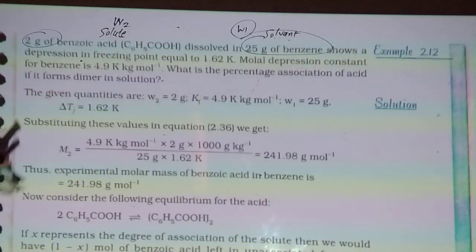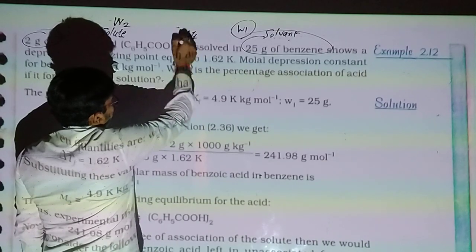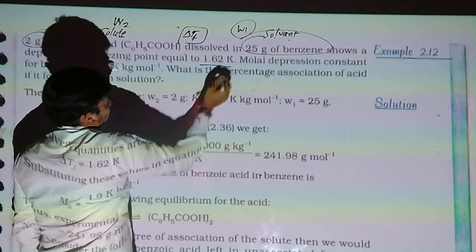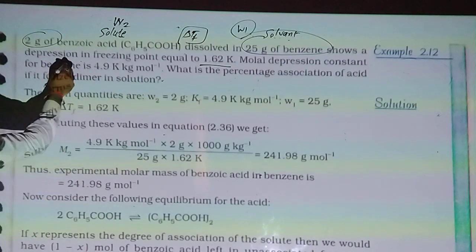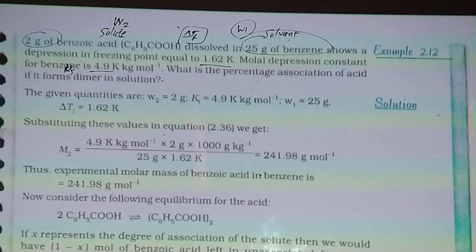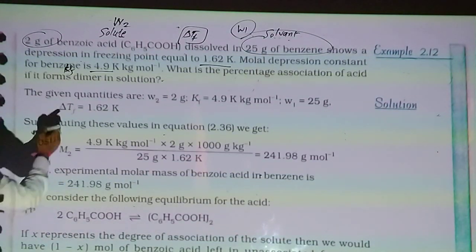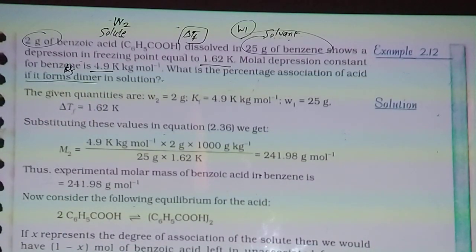It shows a depression in freezing point equal to 1.62, delta TF. Molar depression constant Kf is given as 4.9. What is the percentage association of the acid, it forms a dimer in solution.